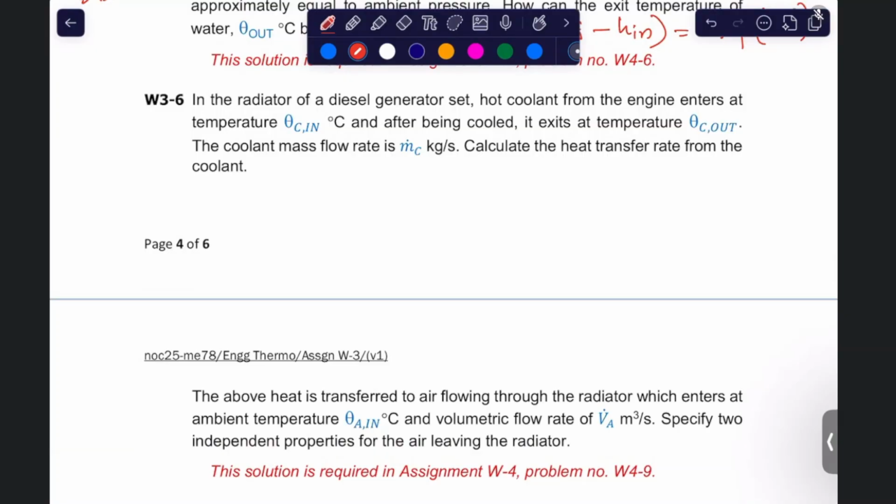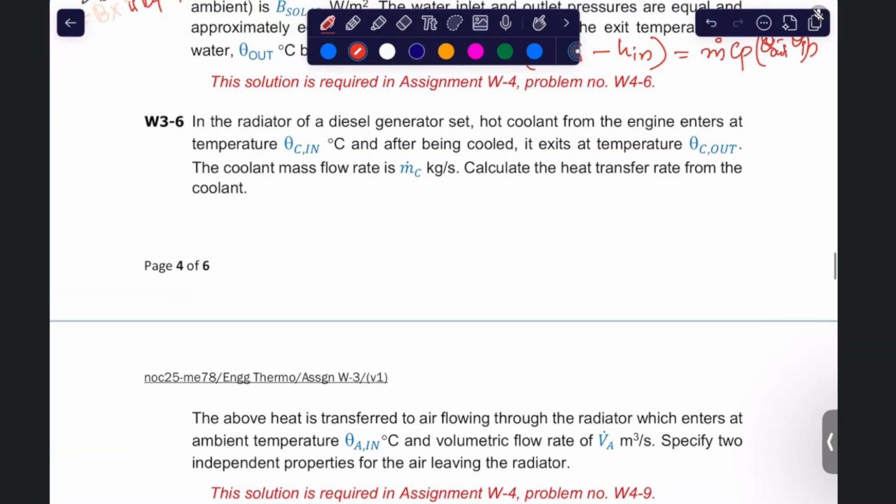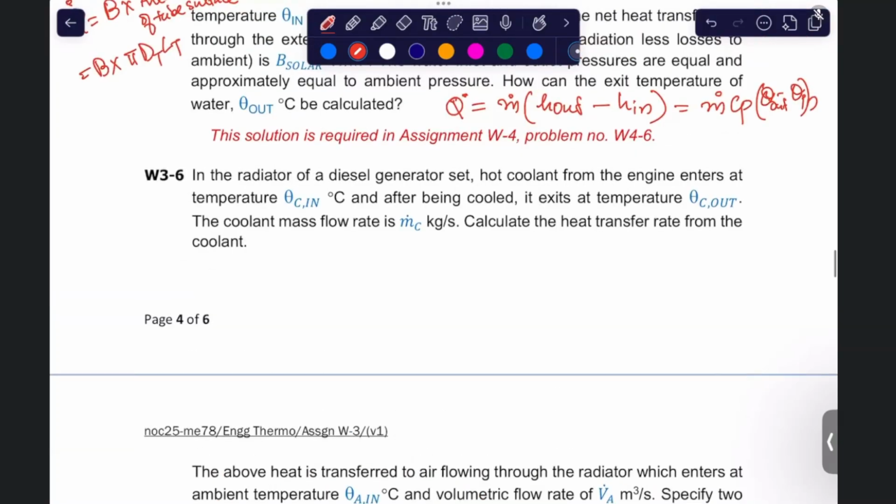Calculate the heat transfer rate from the coolant. Okay, again the same formula: Q equal to m dot h out minus h in. Instead of that, we will be thinking m dot cp theta out minus theta in.